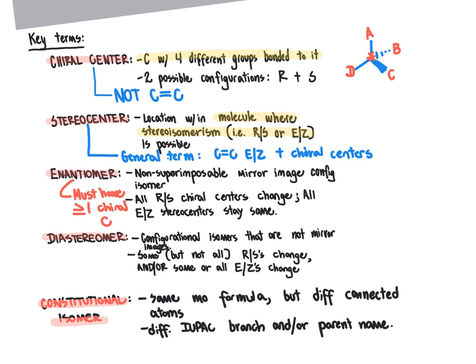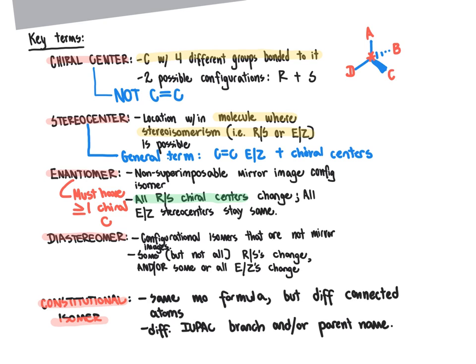So if you have a molecule that has just alkene groups in it and no chiral carbons, that molecule will not have any enantiomers. So to relate enantiomers to one another, what we're always going to be looking for is that within the molecule, every single RS chiral center has changed from R to S or from S to R. In other words, we have created the complete mirror image of the molecule.